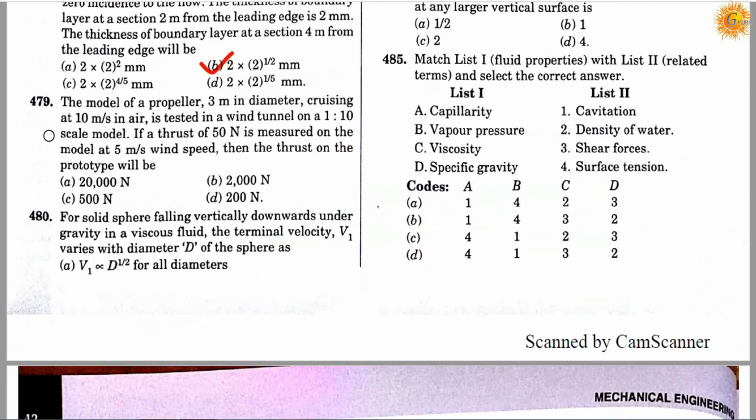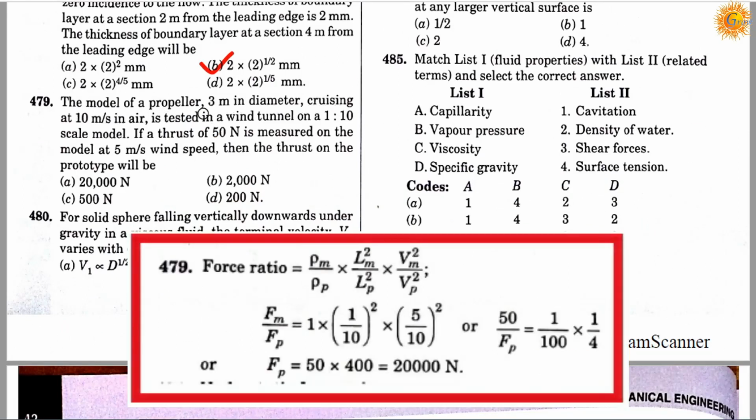Question number 479. The model of a propeller 3 meter in diameter and cruising at 10 meter per second in air is tested in a wind tunnel on a 1:10 scale model.